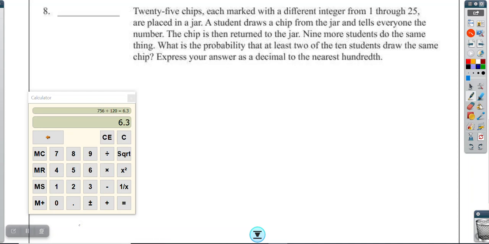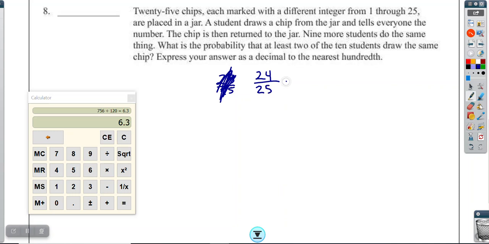So the odds of someone picking one that no one else has picked on the first try is 25 out of 25, because no one else has gone. That's just 1. I'm not going to worry about this because 1 isn't going to change anything. So what are the odds that the second student does not pick the same thing? Well, there are 24 chips that have not been picked out of 25.